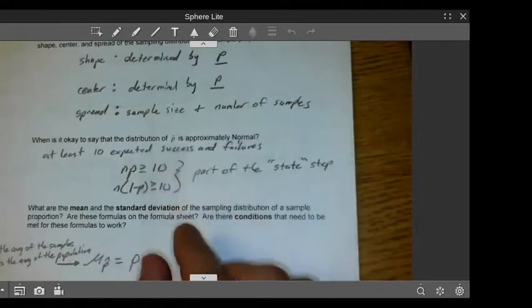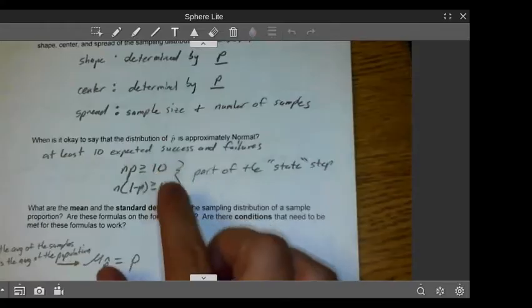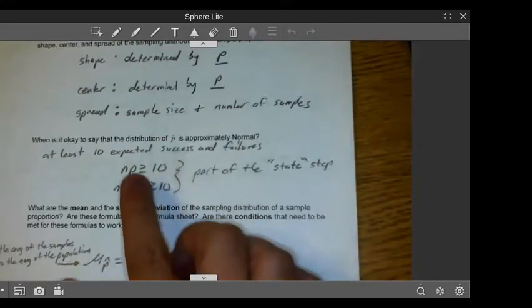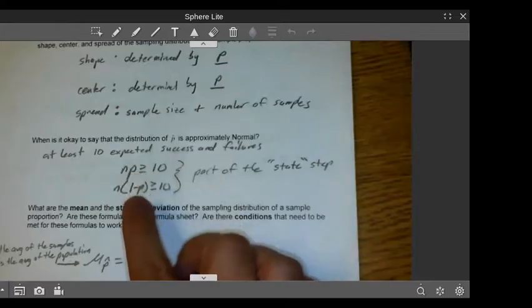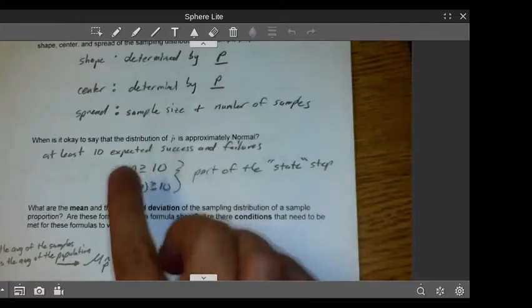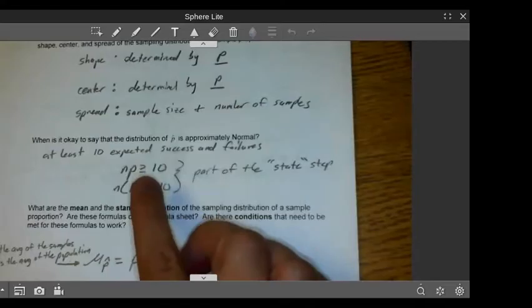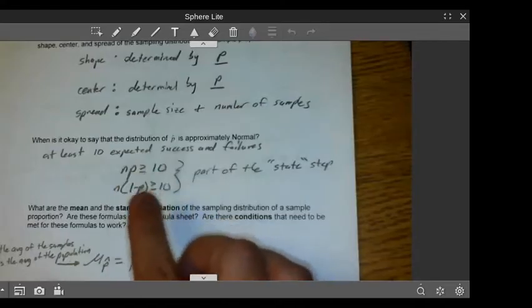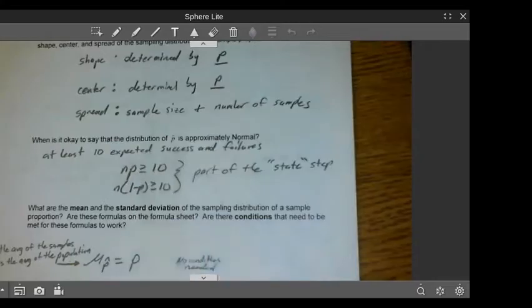And we can do that as long as we have 10 failures and 10 successes. Remember, P is success, 1 minus P is a failure. So if we expect at least 10 successes and 10 failures, then the sampling distribution of the sample proportion will be normally distributed.